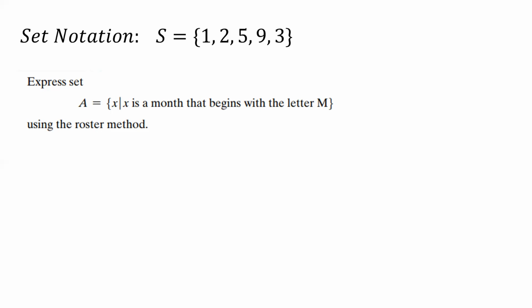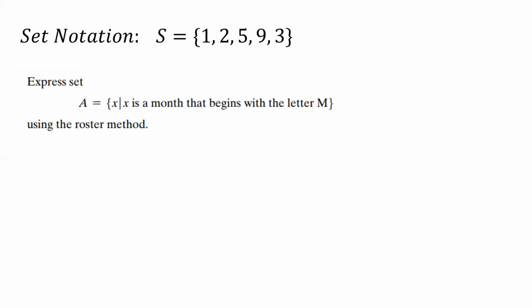In this case, our set is A. And then we say, here's my variable for my elements. I'm talking about my X, or my X comma Y if I want to talk about points or something like that. Then I write what I want to describe, and then I put a vertical bar, which generally translates to "such that," and then I describe what that element is.